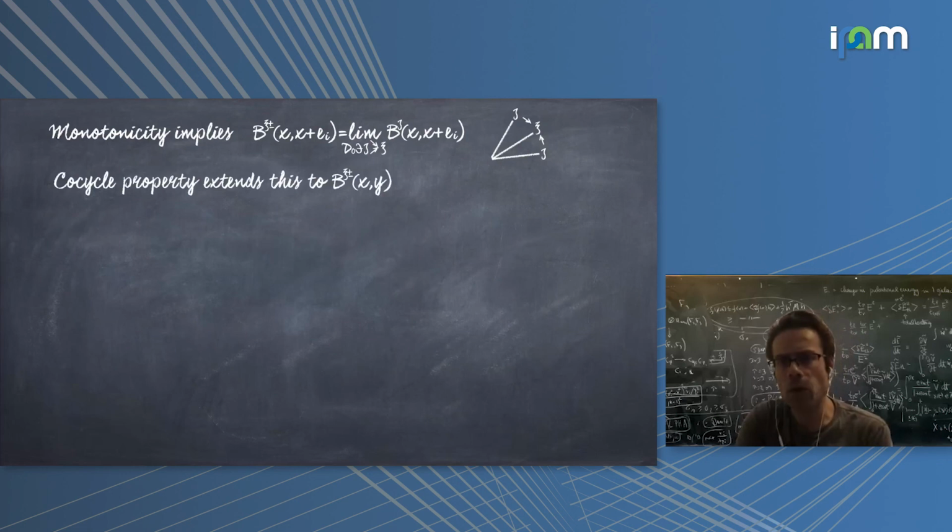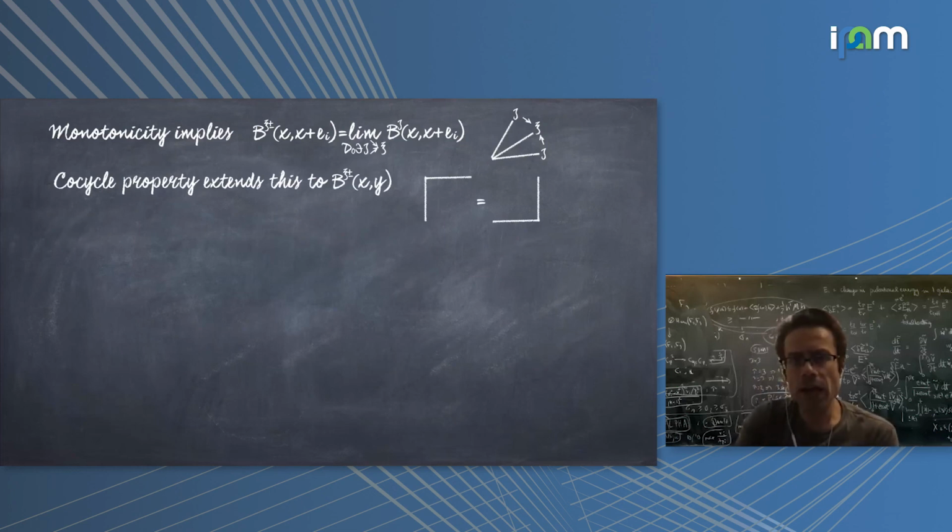And how does that work? Well, when I defined this limit, I defined it only for points of the form x plus e_i, because that's where I have the monotonicity. But then the cocycle property holds for these objects in the following form: if you add up and then to the right, the increments, it's the same thing as adding to the right and then up.